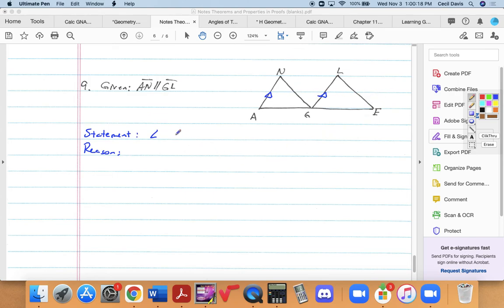You want to try again? Is it angle A and angle B? An angle LG. Yep. So these two angles are congruent to each other, and that is by the corresponding angles postulate.